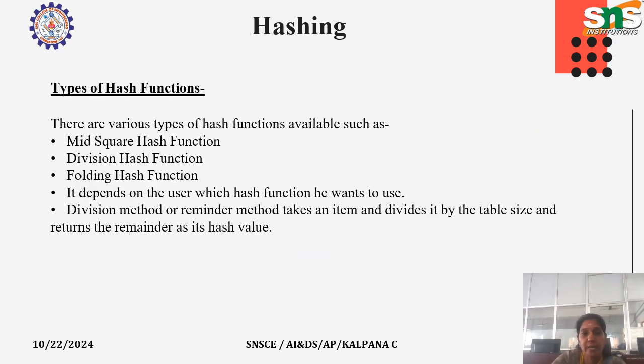We have different types of hash functions: the mid-square hash function, division, and the folding hash function. It depends on the user which hash function to use. According to our application and our needs, we can choose the hash function.